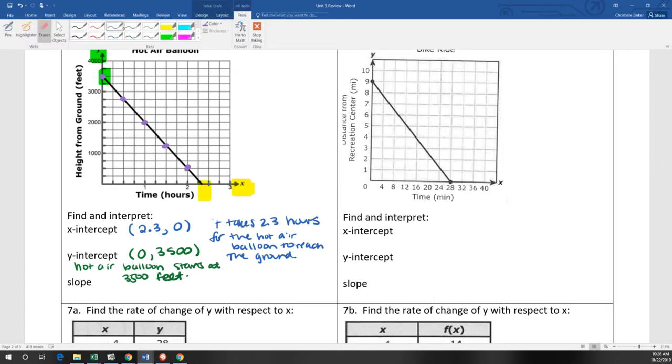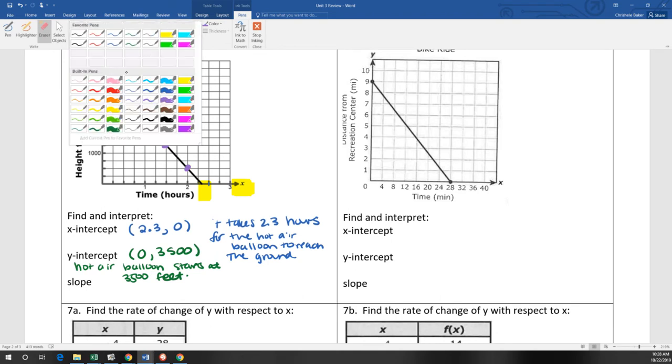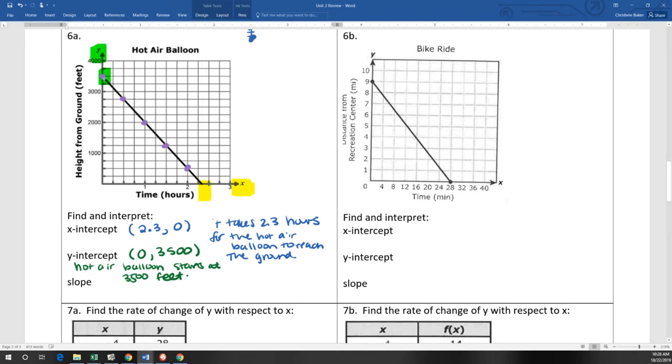Okay. So let's count our rise over run. So of course we know we are going down. So this was 3,500, and we're coming down, and then we're coming over, and then we're coming down, and then we're coming over. And that same thing's happening over and over again. So if this is 2,500, then this is 2,750.